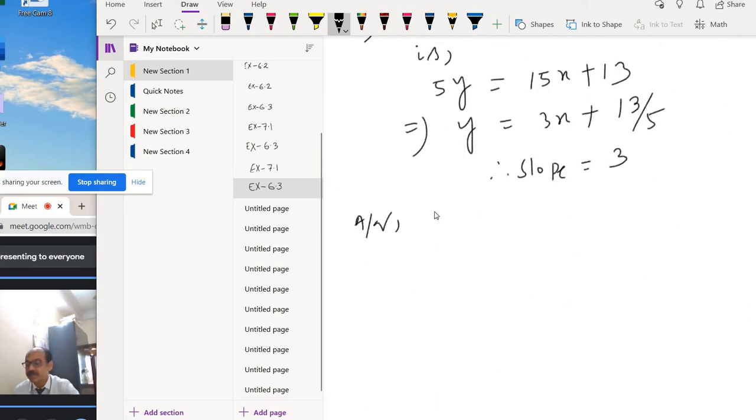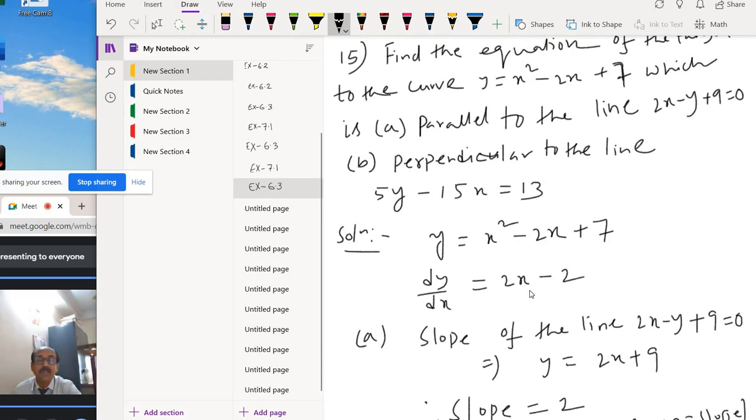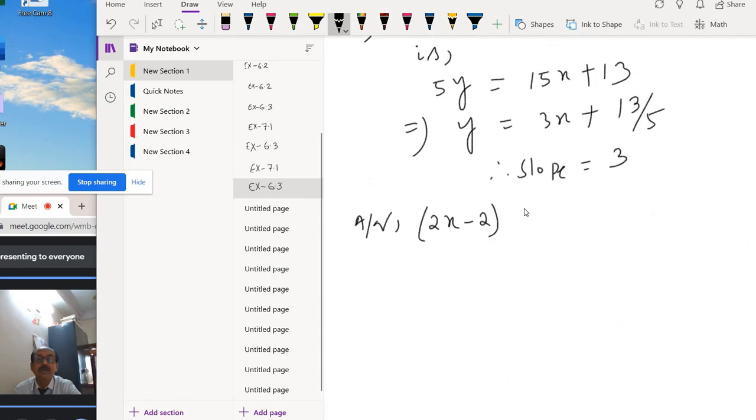Now (2x minus 2) into 3, m1 into m2, the slope of the given line is 3, equal to minus 1. Because the condition is m1 m2 equal to minus 1, okay?